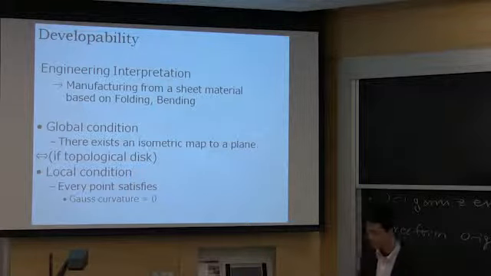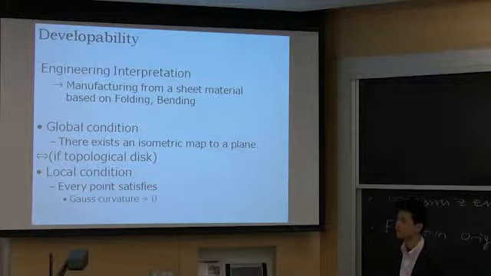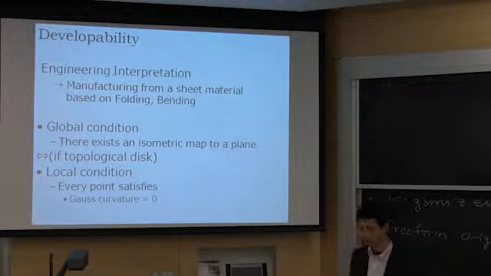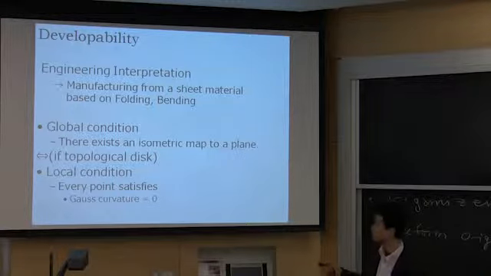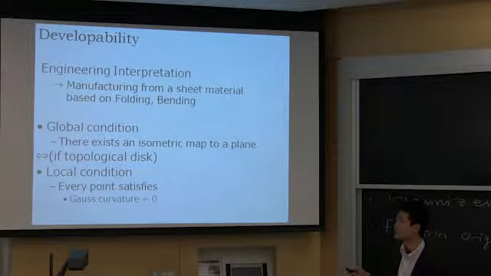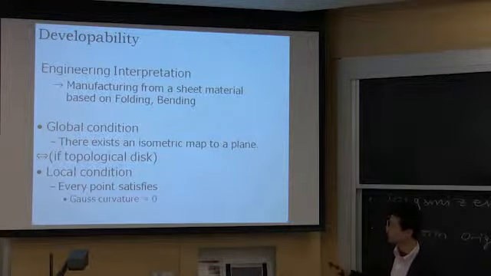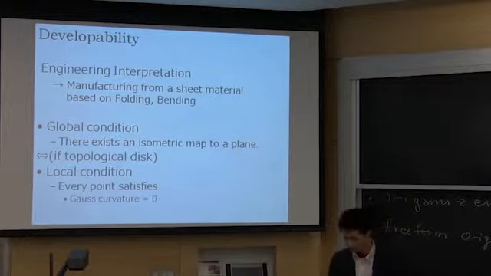deformation. So the first thing we want to keep is developability, which is that you can fold from a sheet of paper globally. In an engineering sense, it means that it can be manufactured from a sheet material, which is very nice, by folding and bending only.